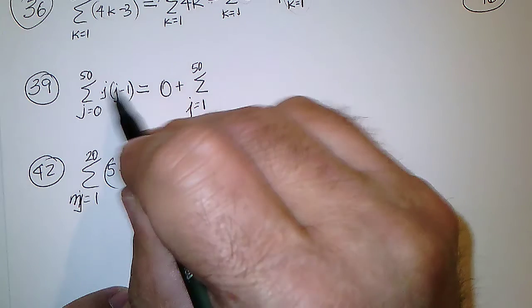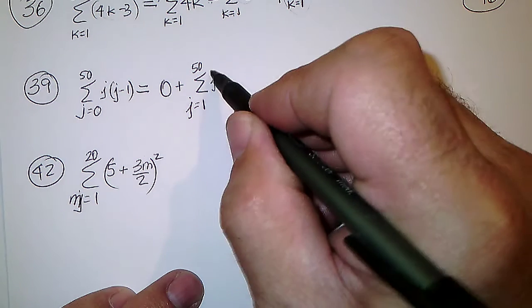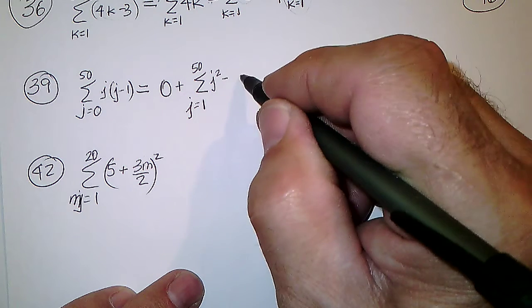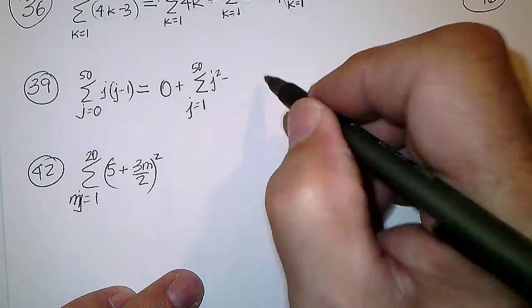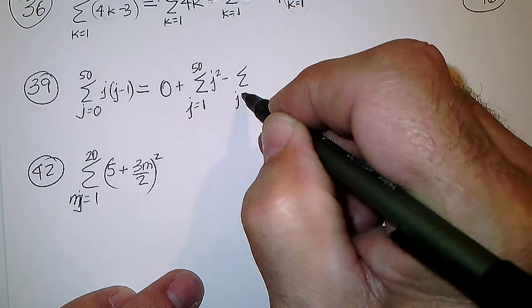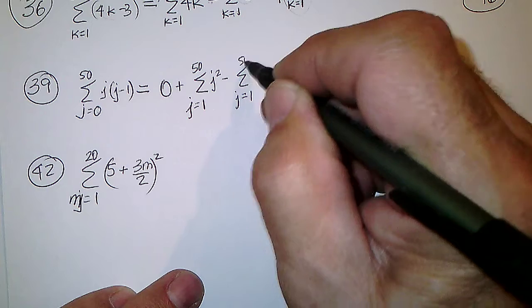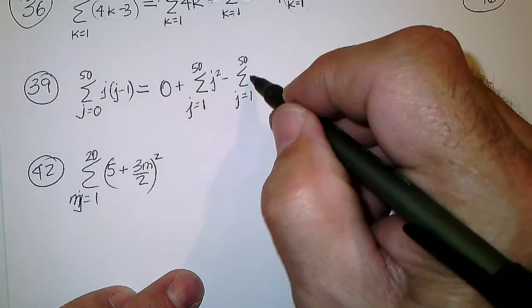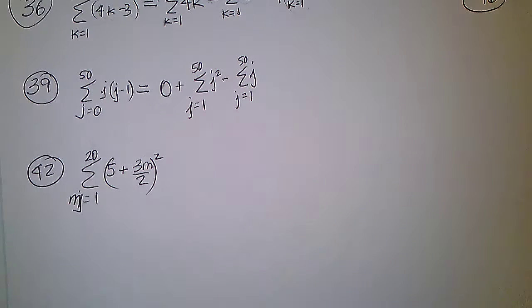And this multiplies out to be j squared minus j. And so I can split this up into two sums, j going from 1 to 50 of j squared and minus j, and I've got the minus there.